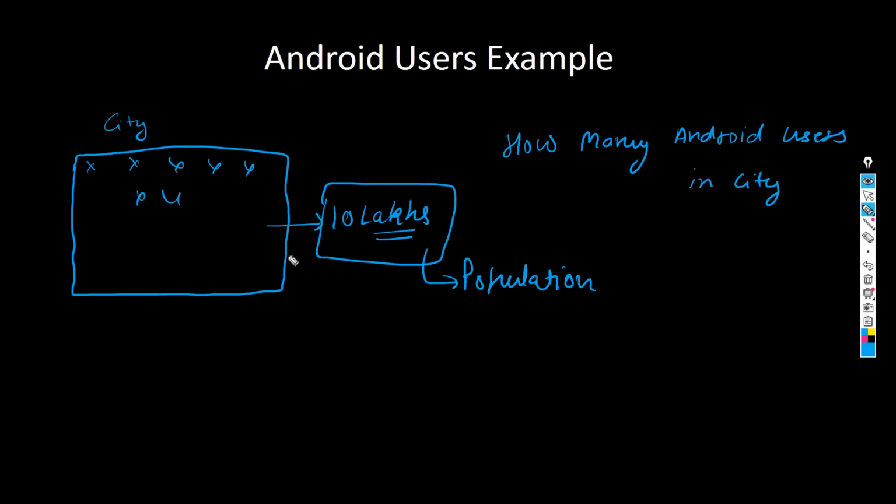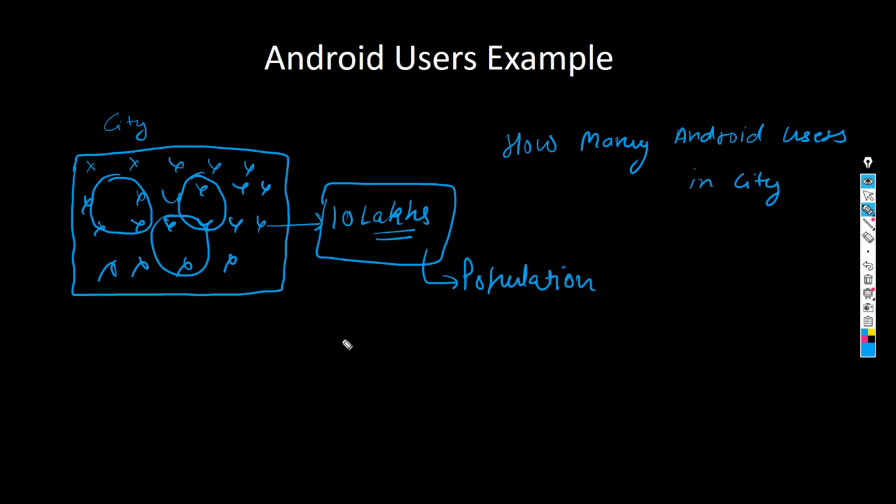Now the question is how we can find out how many Android users we have in this city. Suppose this is our data, let me create more data points. What we can do is take a small sample out of them and ask them, do you have an Android phone or not? Based on this we can at least identify how many Android users we have from a sample.